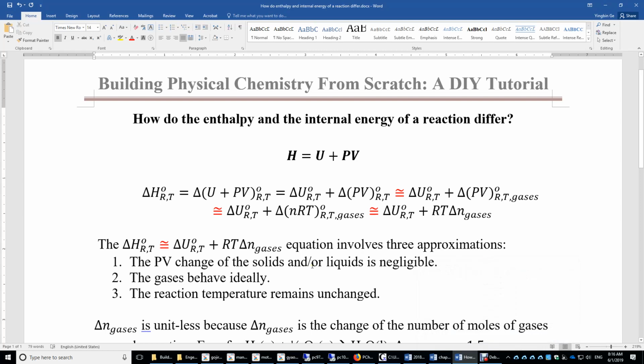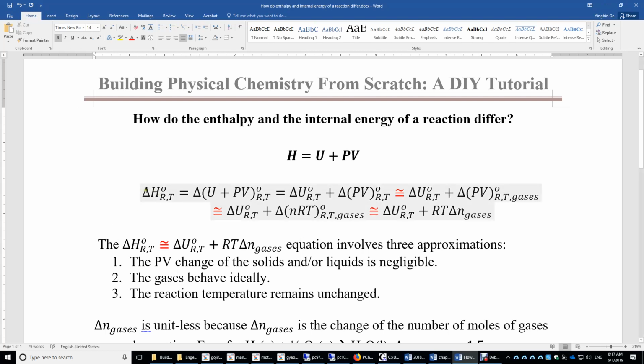I will calculate the difference between the standard enthalpy of a reaction and the standard internal energy of the reaction using the definition of enthalpy, H equals U plus PV.